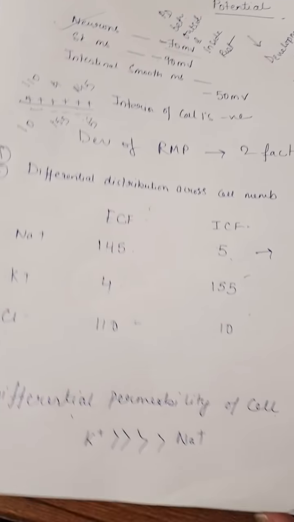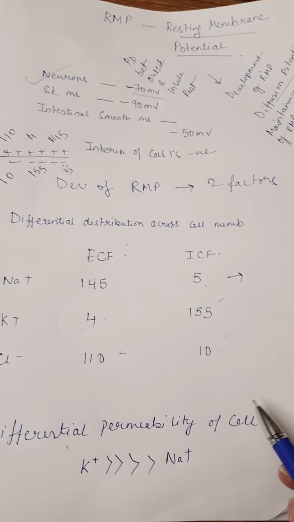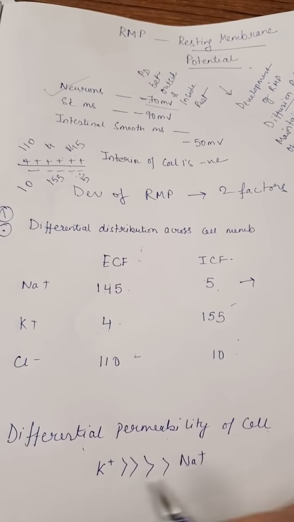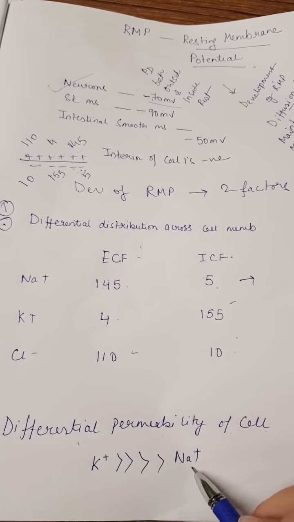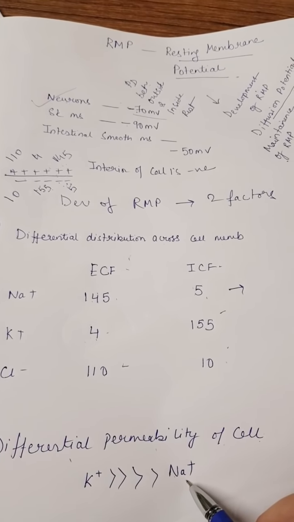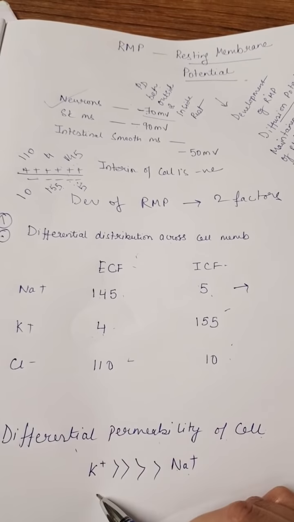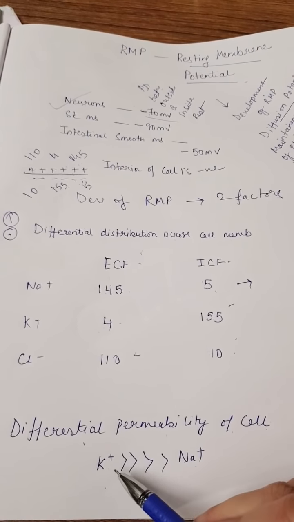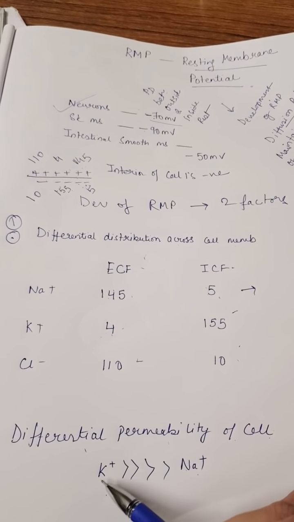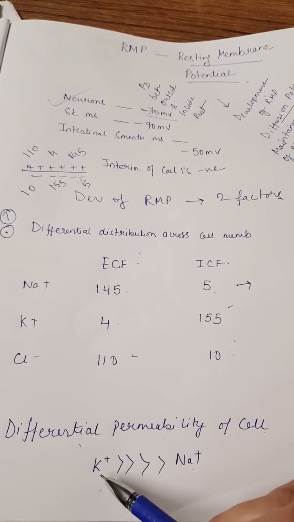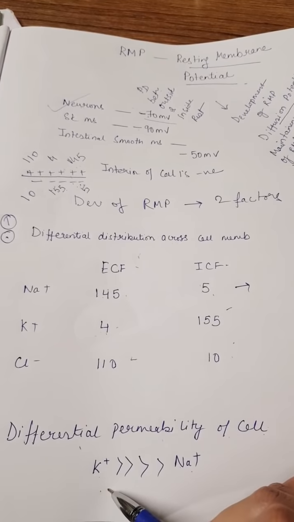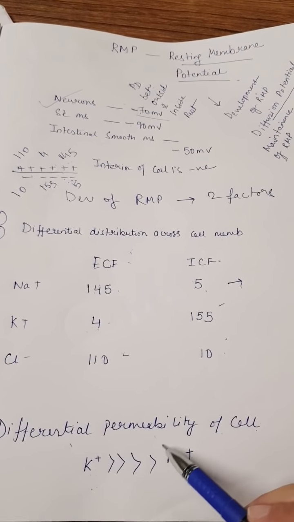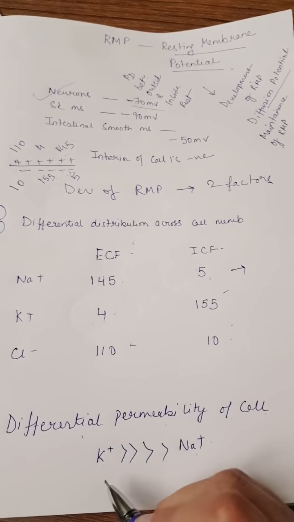And the second point is differential permeability of the cell to the ions. That is, the potassium ion permeability and the sodium ion permeability are not the same. What does permeability mean? Permeability is the ability of movement of the ions across the cell membrane. So permeability of potassium is much more than permeability of sodium at rest.